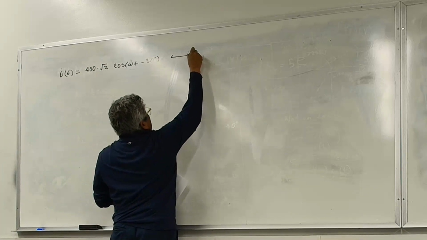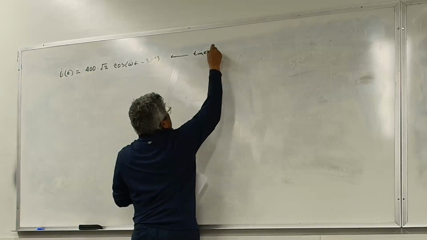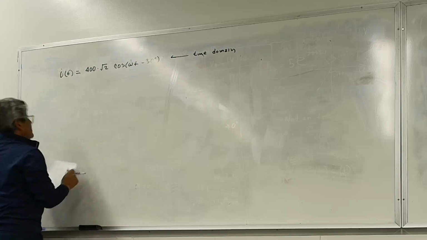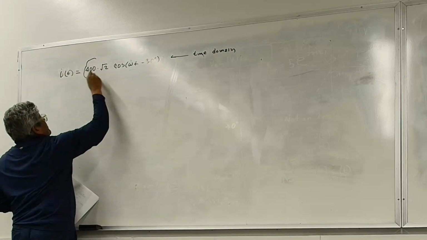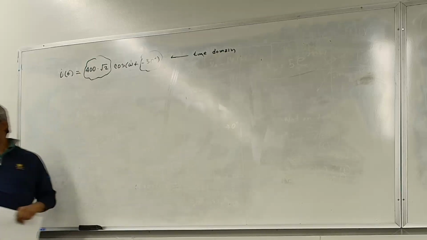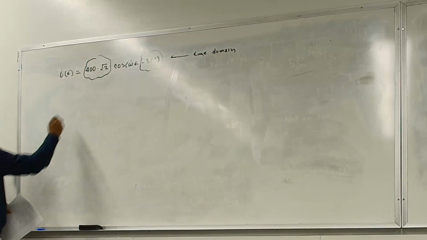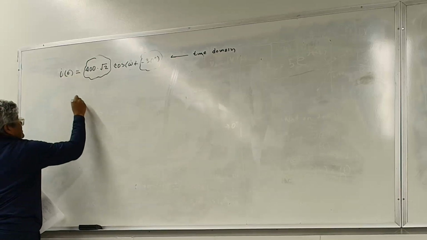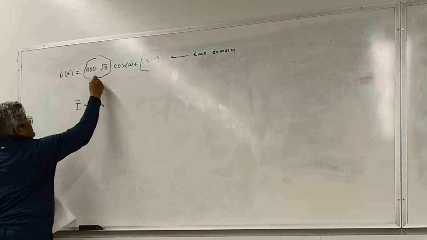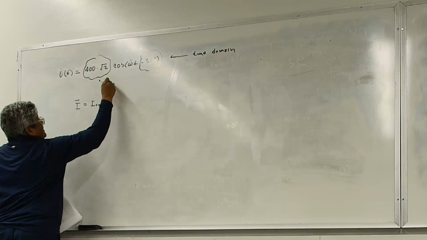to the phasor domain. I know I'm going to need this, and I know I'm going to need this value. So that in the phasor domain is equal to I RMS. Remember, this is I peak or max.